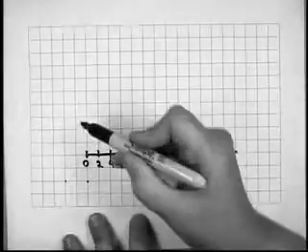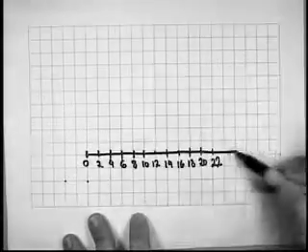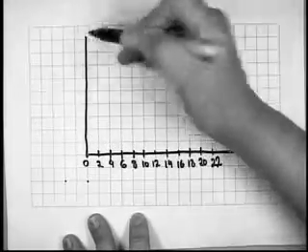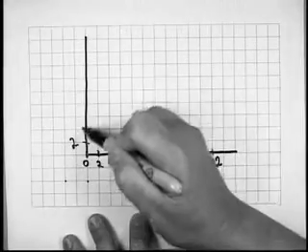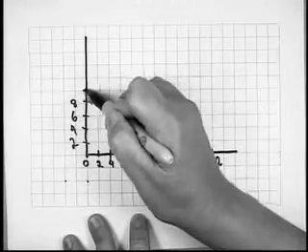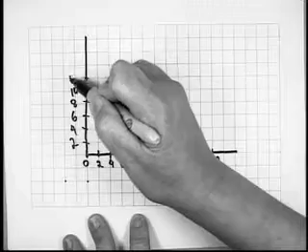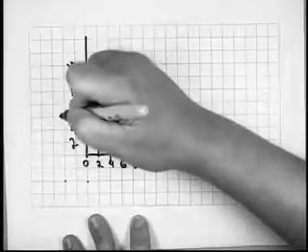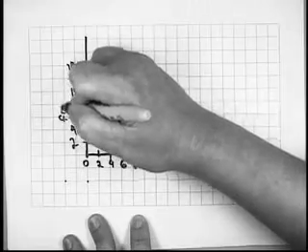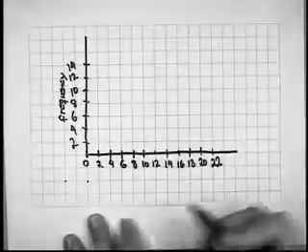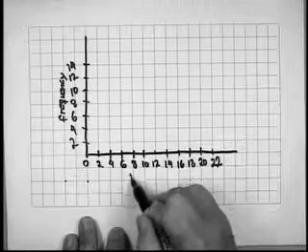Maybe I will just pick the same kind of scale, 2, 4, 6, and I will go and draw that. This is 2, 4, 6, 8, 10, 12, 14. So you can label this frequency, and you can label this boundary.